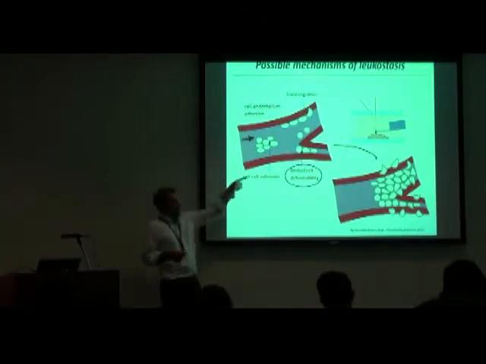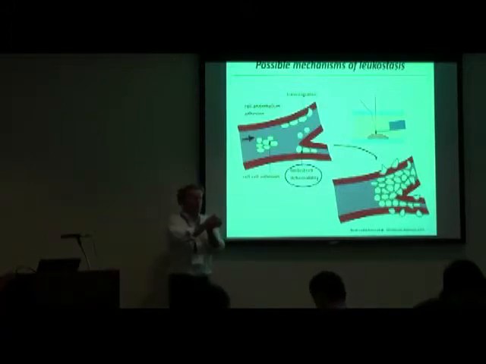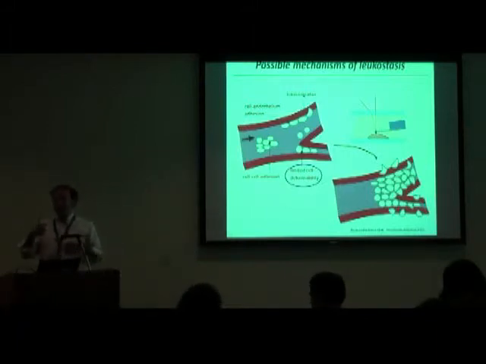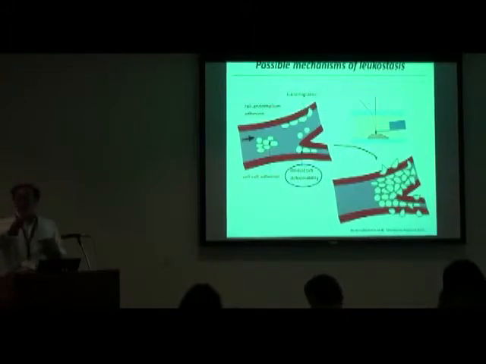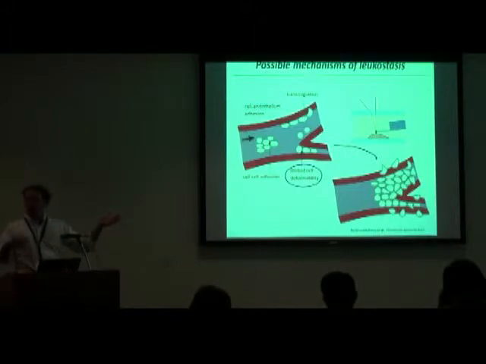If white blood cells have to pass through small vessels and they have to deform when they do that, then being able to deform is a very important part of that white blood cell. And if they can't deform, just as with trying to push something through a small tube, you're more likely to get clogged. So we wanted to explore whether that was the case. If we look at leukemia cells versus healthy cells and look at their mechanical properties, is there a difference?